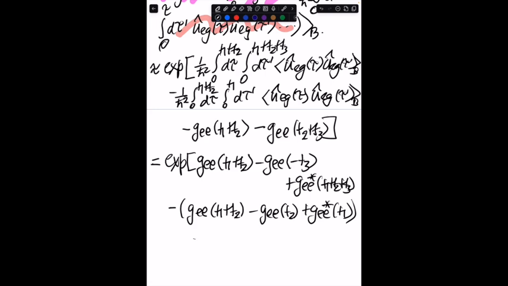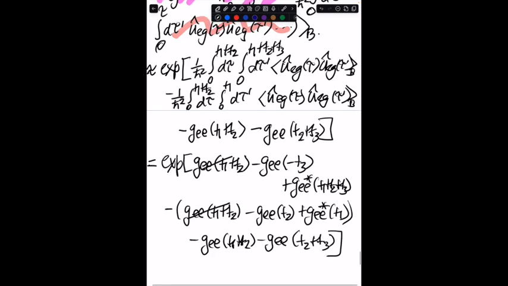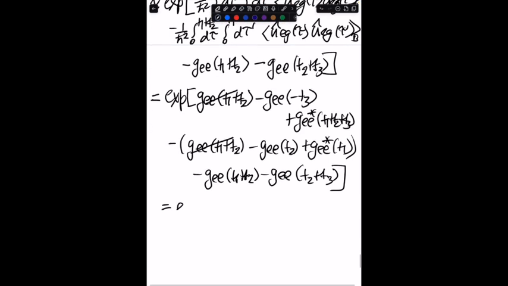And then we get minus G(T1 plus T2) minus G(T2 plus T3). So this cancels this out, and then you get six terms again.